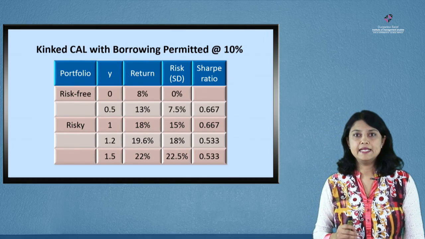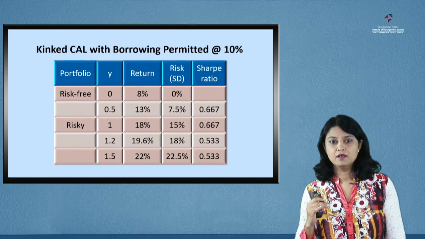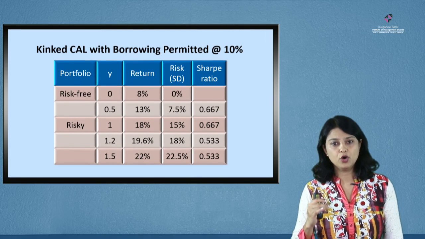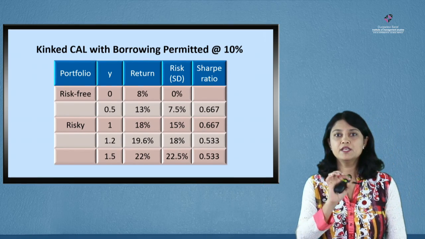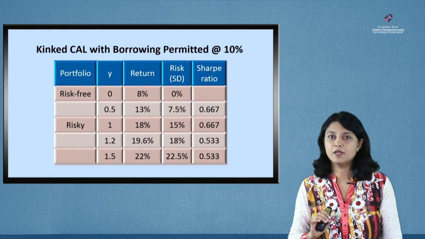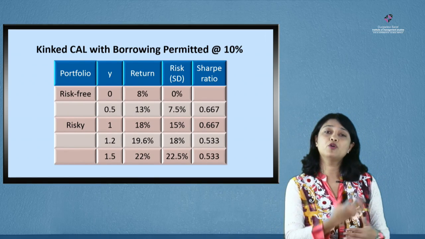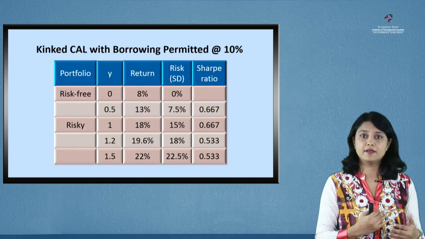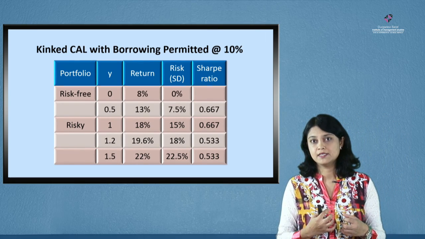The first three rows are showing you the possibilities between 0 and 1. The fourth row, as you can see here, is showing you the combination of 1.2. Y equal to 1.2 means 20% of my capital I am borrowing at some rate which is lesser than 18%.